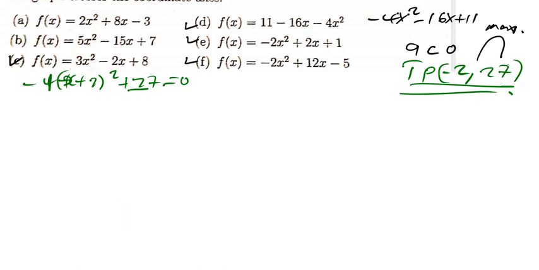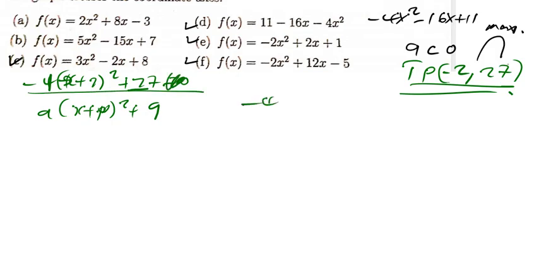So for example, if I choose to use the long division method, when they say express that in the form of a plus x plus p squared plus q, it is this form. We don't include 0, so it's negative 4 x plus 2 squared plus that.